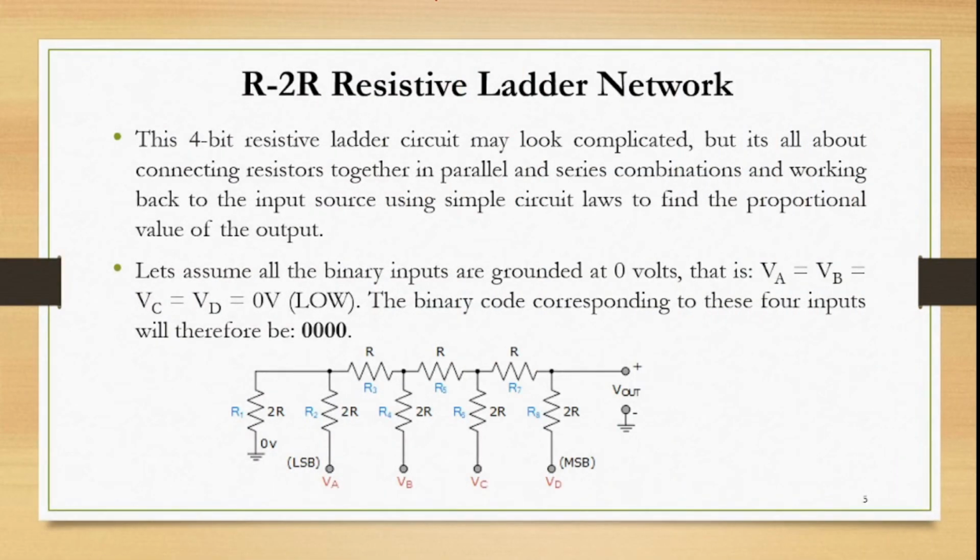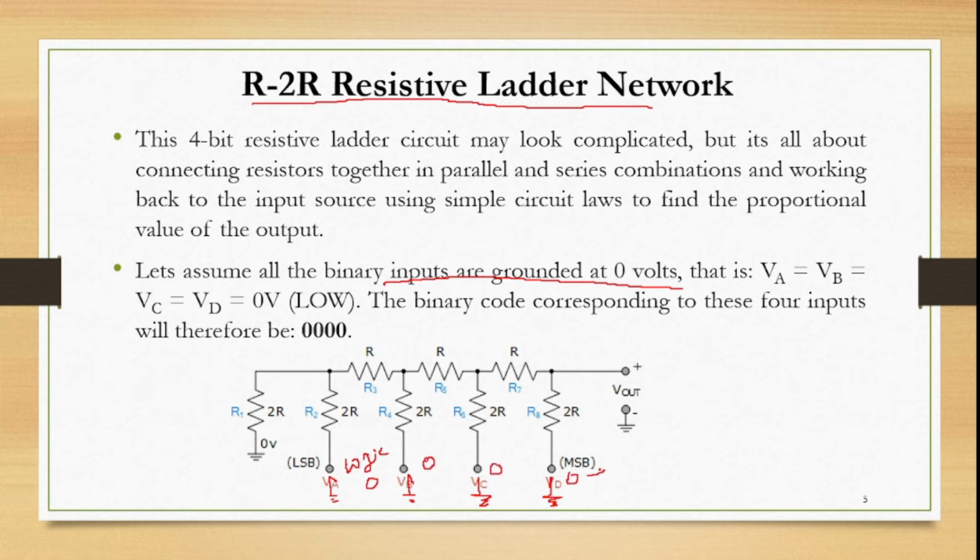To describe the working of the R to R resistive ladder network, we need to find the equivalent circuit. Suppose we take an example where all inputs are grounded at 0 volt, meaning logic 0, 0, 0 and 0.